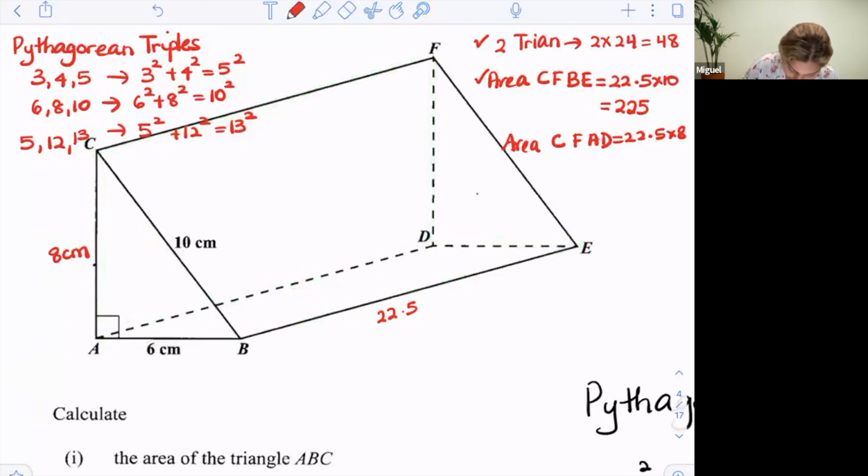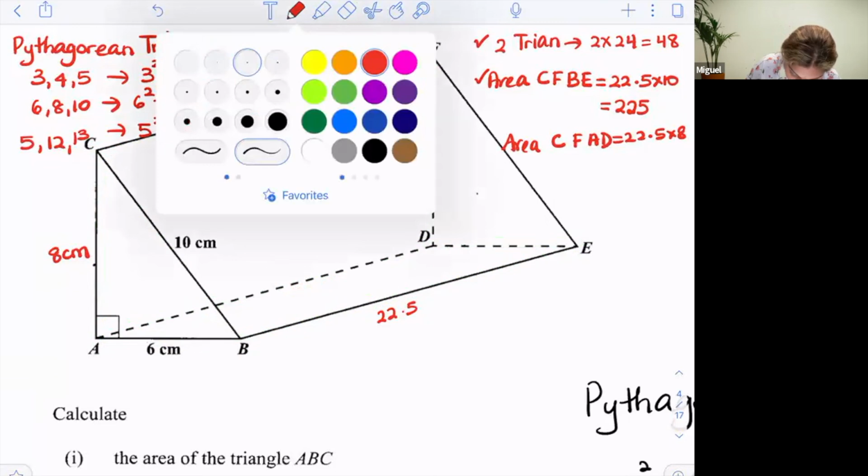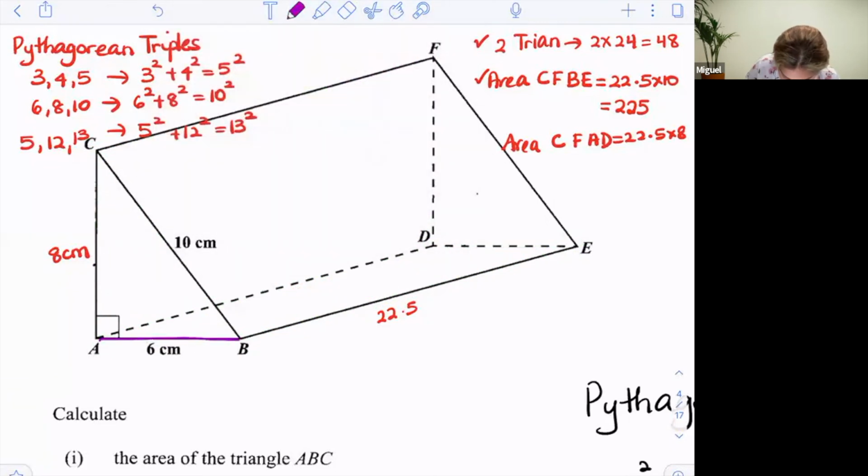So this is the one 6 by 22.5. So the area of the last rectangle, 6 by 22.5. So work out all the area of each rectangle, add it to the area of the triangle, and let me know what is the total surface area.